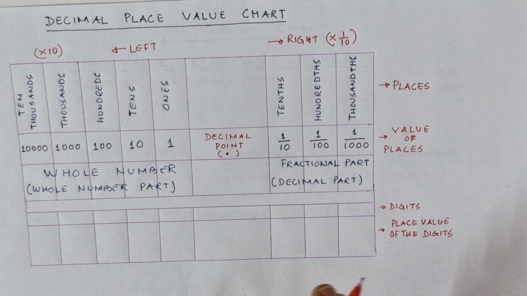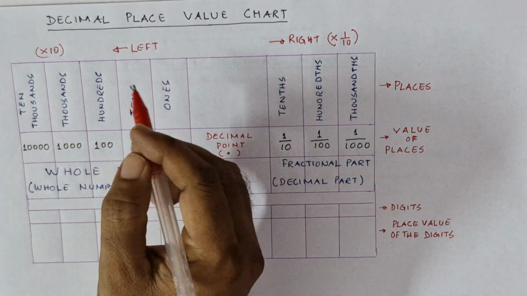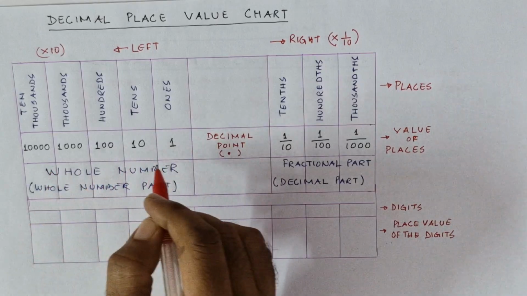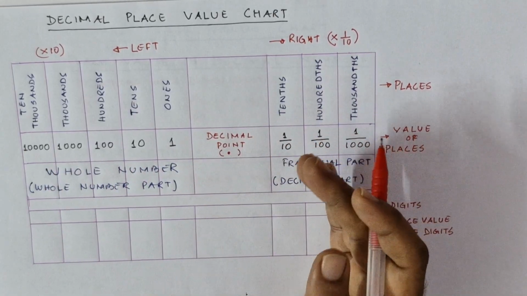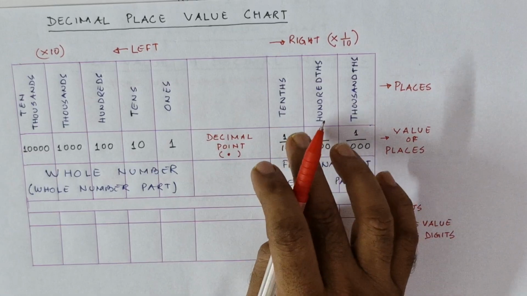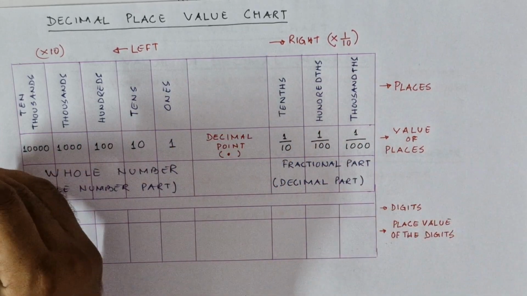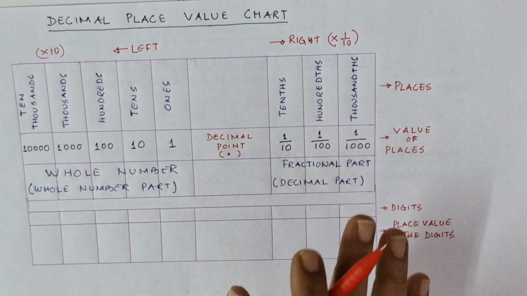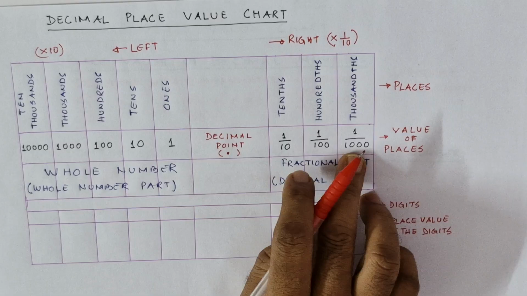Every place to the left of the decimal point becomes 10 times bigger. Every place to the right of the decimal becomes 10 times smaller. Remember students, left means bigger and right means smaller.